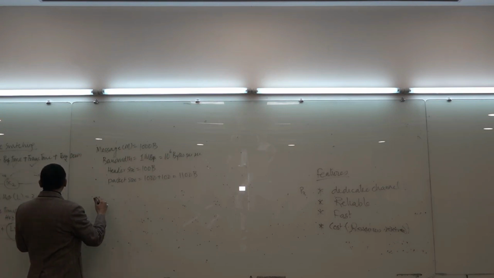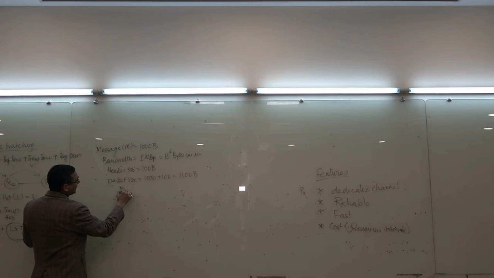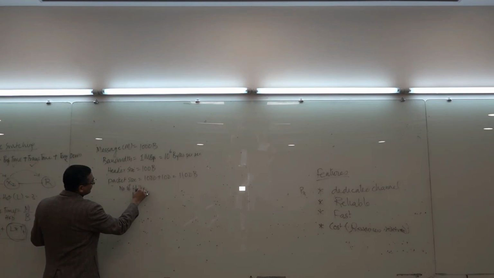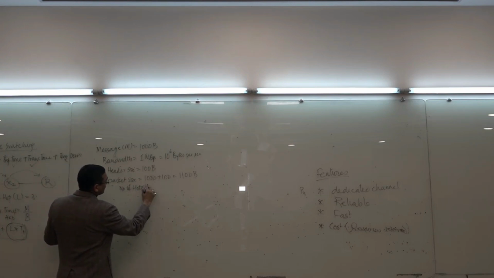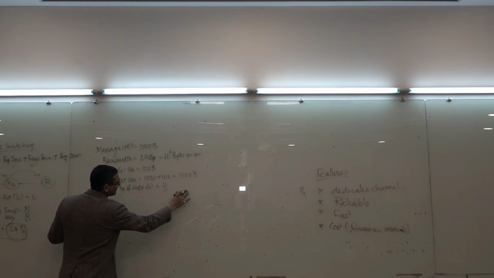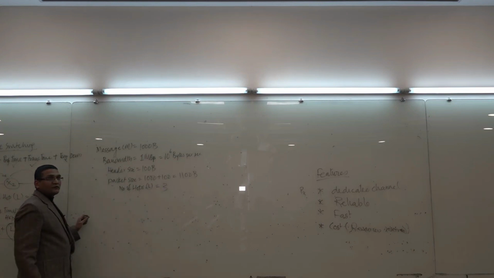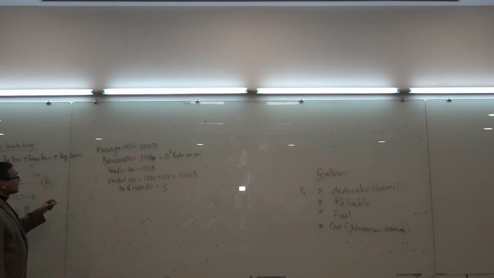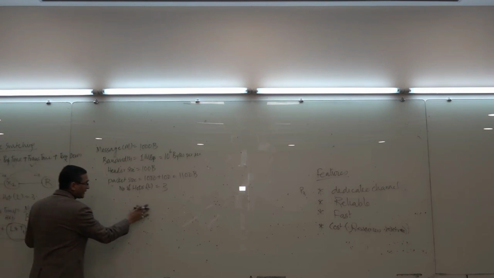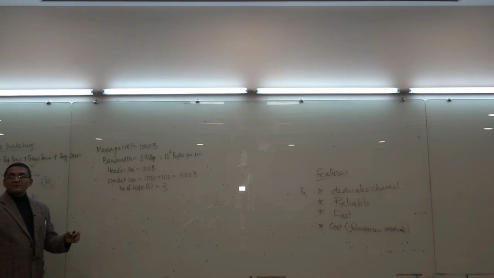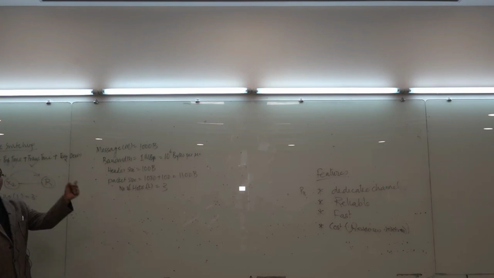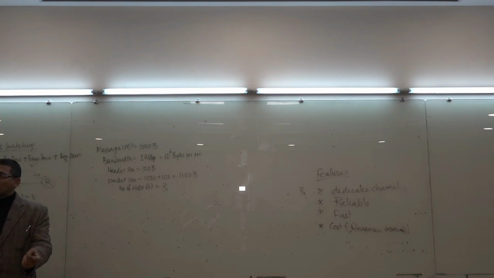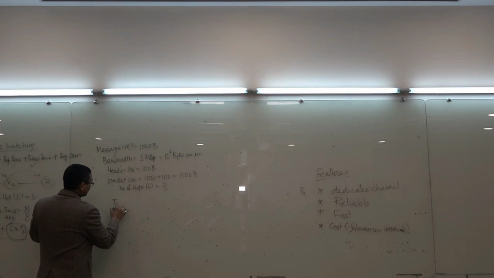And the hops we are considering, let's say the number of hops is L equals 3. So if I want to find out the total time, let us first find out the transmission time per hop, meaning the transmission time from the sender to the next router, to the next router, and then to the receiver. So we'll find this transmission time.